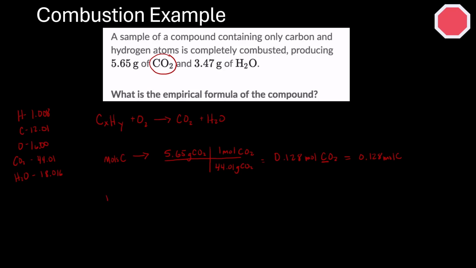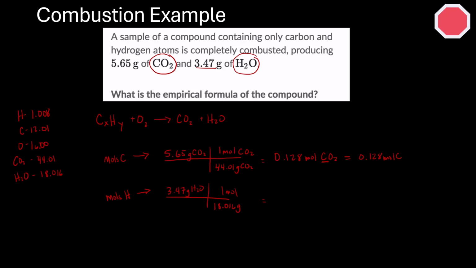Now let's look at the moles of hydrogen. The only place in the products that has hydrogen is the water molecule. So we're going to start with this 3.47 grams of water. I have the molar mass of water as 18.016 grams for every 1 mole.